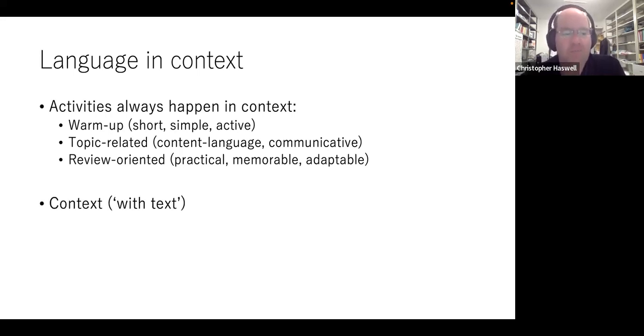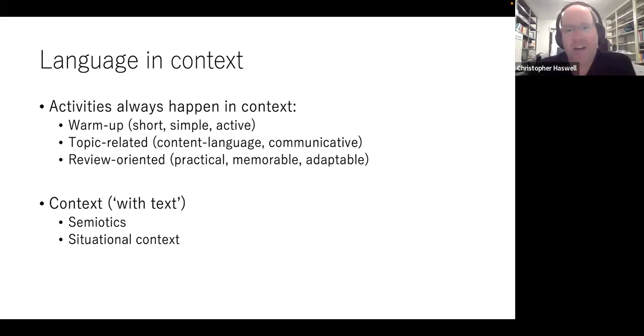So context, as I point out, is the idea of being with text. So the concepts of semiotics, which are ways that we pass messages, and situational context are all part of the activity, not just in planning, but also in the way that you present it in the class and the way that you work with the students to make sure that the activity or the class or the course is successful.